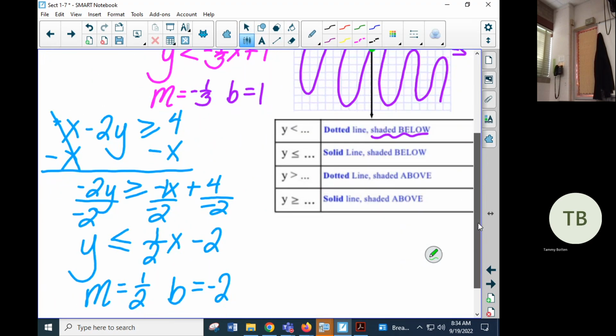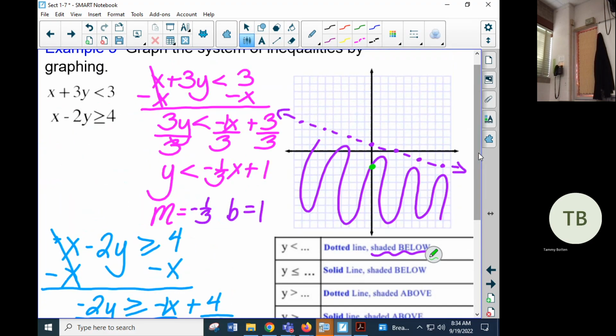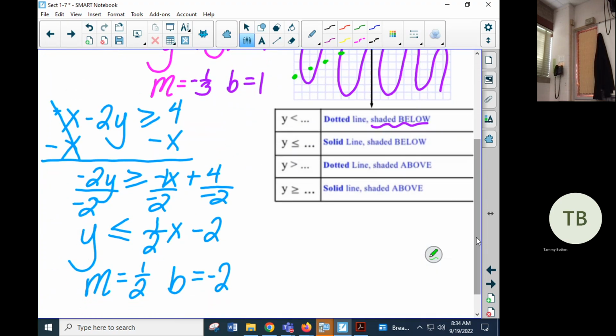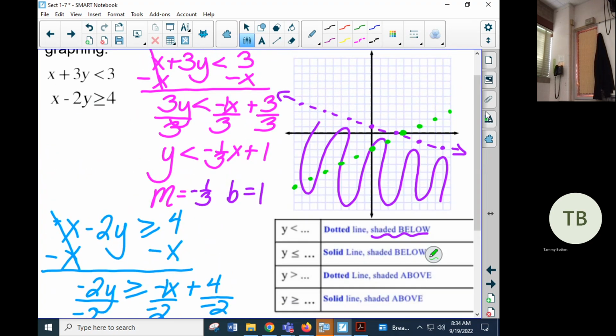And if my slope is 1 over 2, that means I go up 1, right 2, up 1, right 2, up 1, right 2. Which is the same as down 1, left 2. And would this one be solid or dashed? Solid because of that equals. So make sure you look at that.